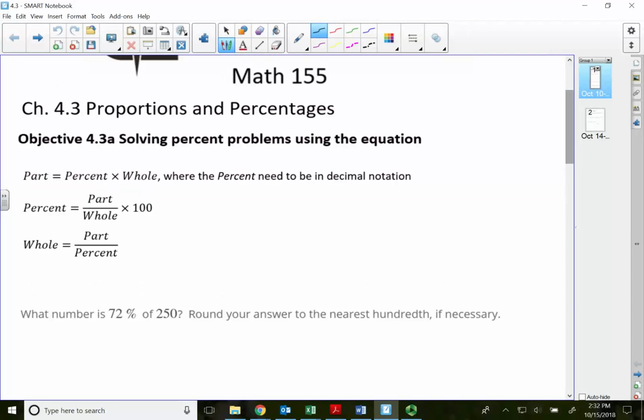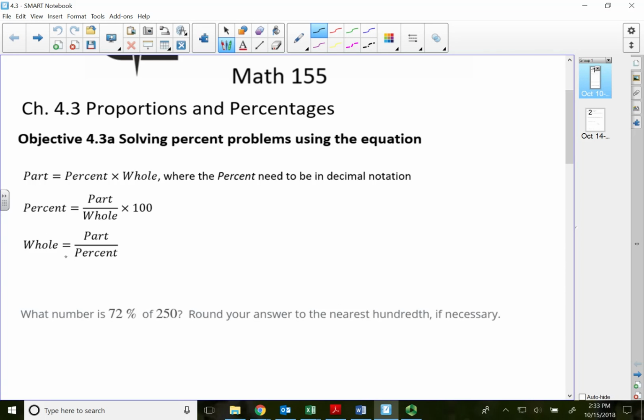Here I have three equations that we commonly use. In order to find part, we take percent times the whole, where the percent has to be in decimal notation. Whenever we want to find percent, we take the part divided by the whole, times 100.